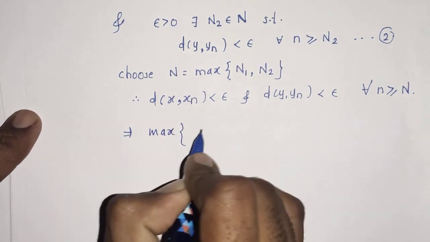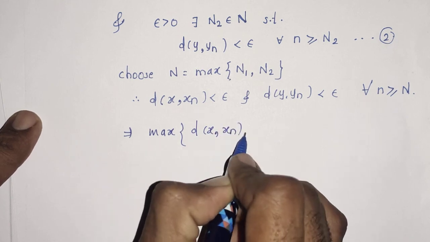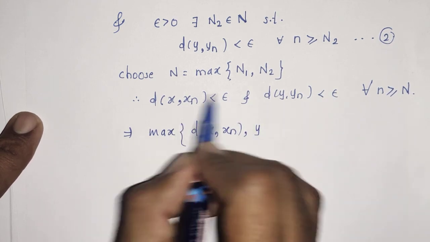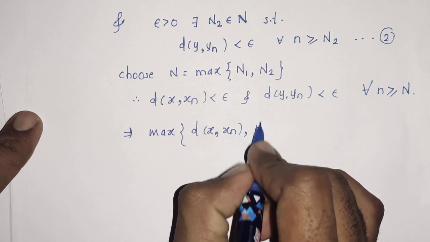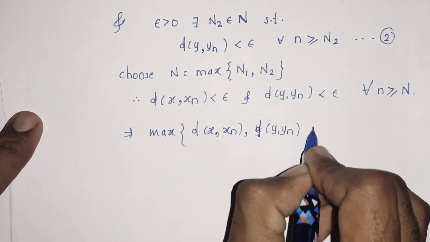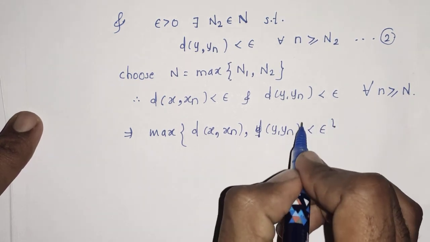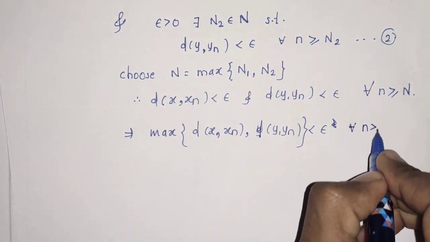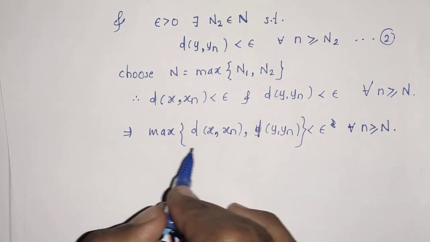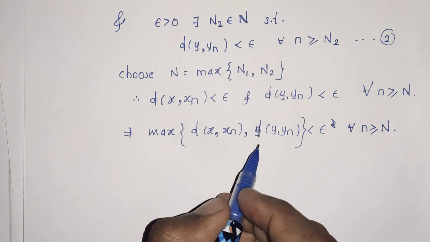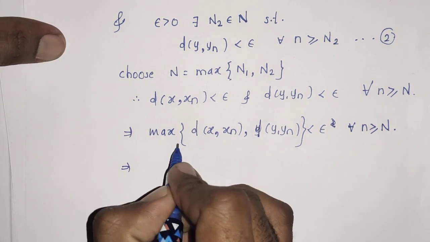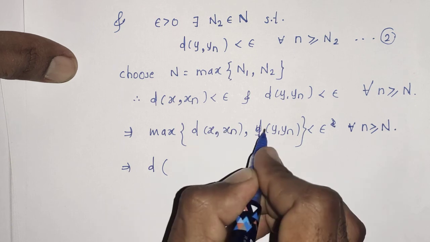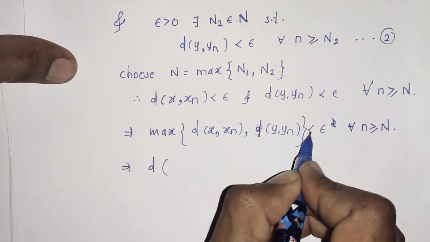This implies the maximum of the distance between x and xn, and the distance between y and yn, is less than epsilon for all n greater than or equal to N. By the definition of the product metric, the distance between (x, y) and (xn, yn) is less than epsilon.